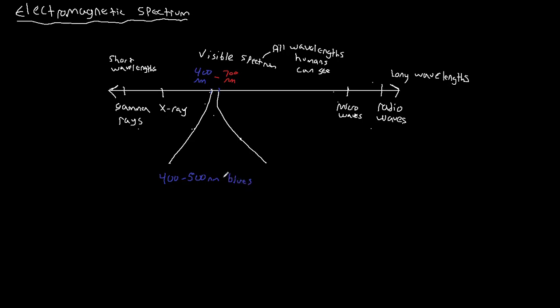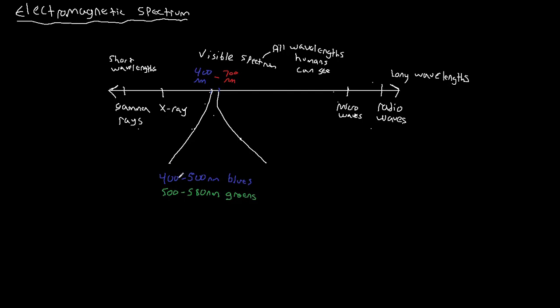And then from around 500 to roughly 580 to 600, right? These are going to be your greens. Right, so again, I'm taking the wavelength concept that we talked about previously, right?